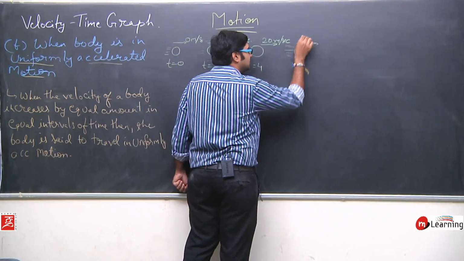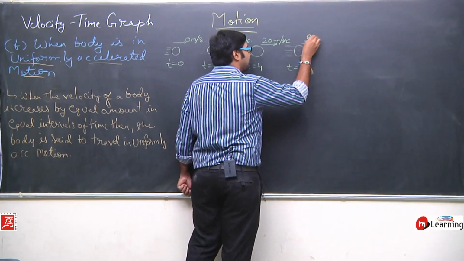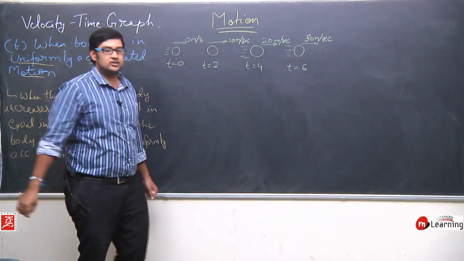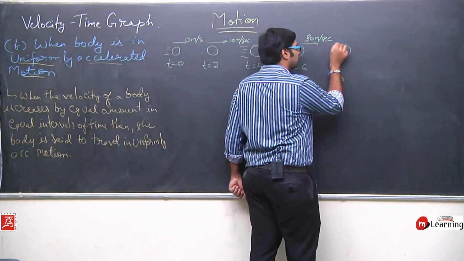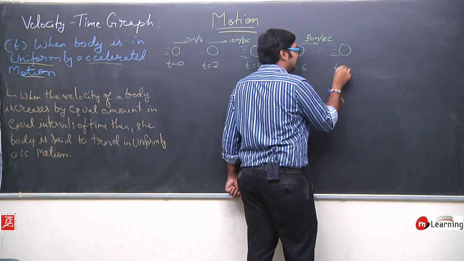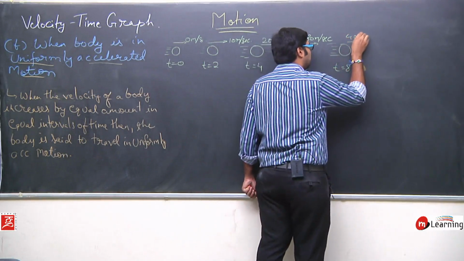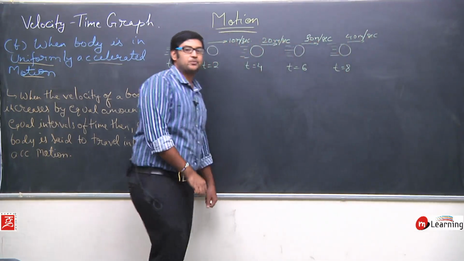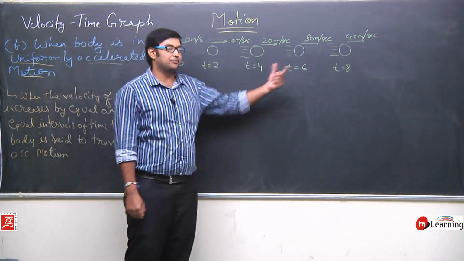After 6 seconds it is traveling at 30 meters per second, and after 8 seconds at 40 meters per second, and so on, and the speed goes on increasing with time.